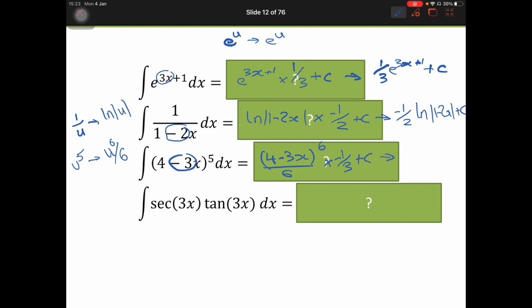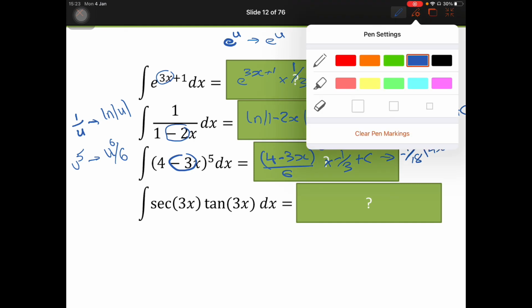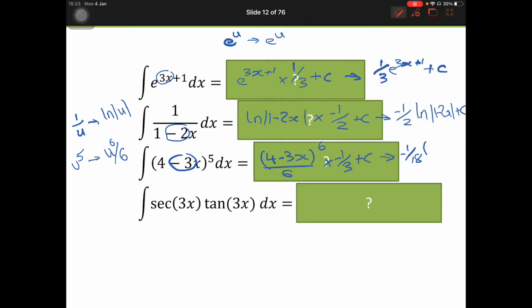So I end up with minus an 18th, because that's my 1 over 6 and my 1 over 3, lots of 4 minus 3x to the 6 plus c.